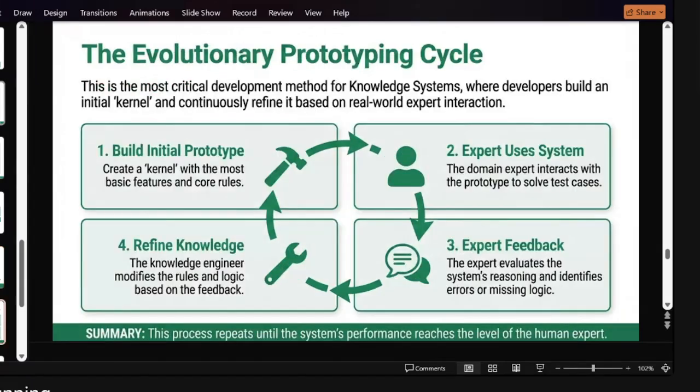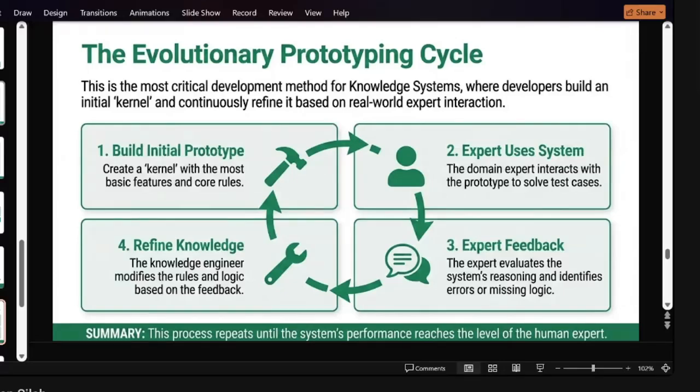This is the most critical development method for knowledge systems, where developers build an initial kernel and continuously refine it based on real-world expert interaction. The first is building the initial prototype, where we create the kernel with the most basic features and core rules. The second is the expert uses the system.